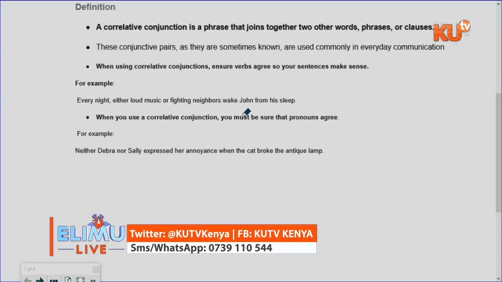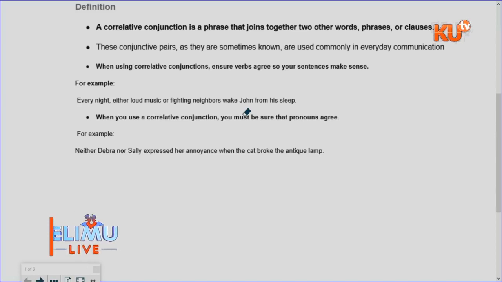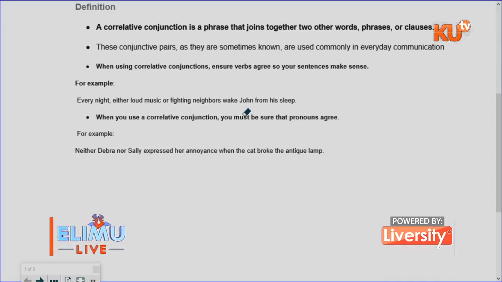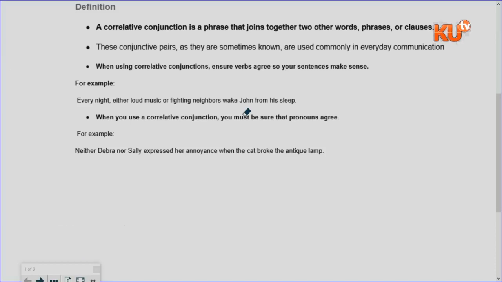When you use a correlative conjunction, you must be sure that pronouns agree. A pronoun is a word that is used instead of a noun. For example, instead of saying Teacher Caleb, you can say he. So you have used a pronoun there. For example, neither Deborah nor Sally expressed her annoyance when the cat broke the antique lamp.